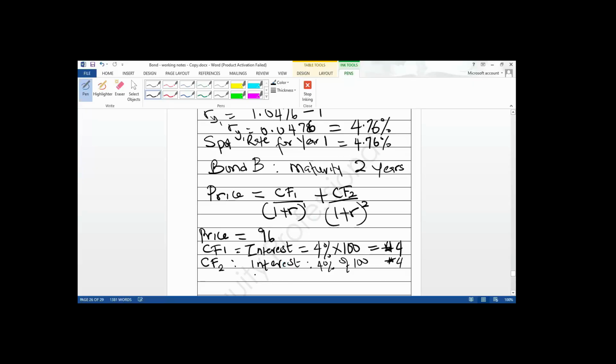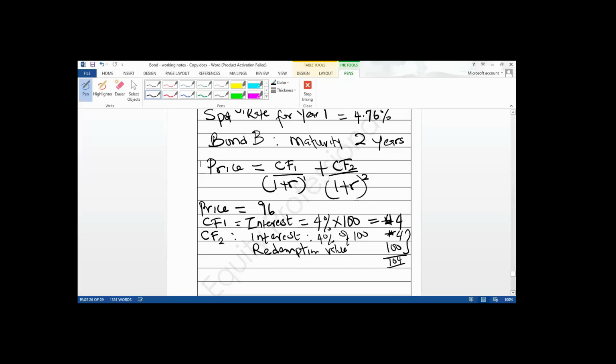Then redemption value. The examiner says 100 naira. That means the cash flow in year 2, look at it, is 104.